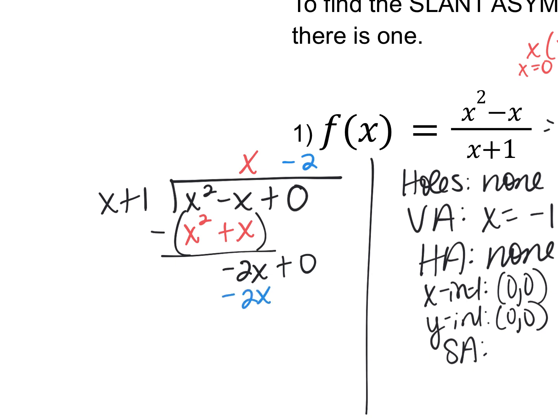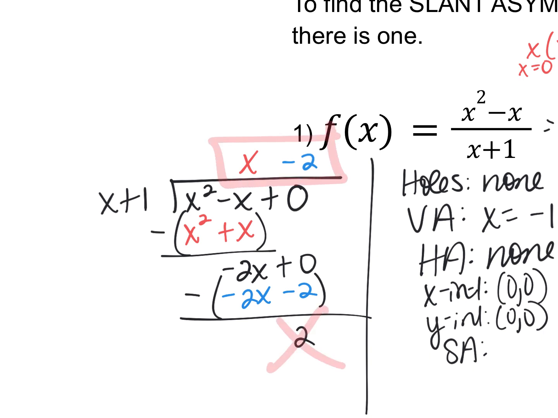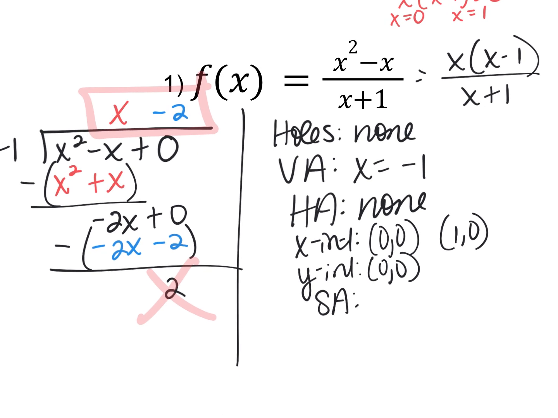Negative 2x minus 2. Go ahead and subtract it. So that would end up being positive 2. So that's your remainder. But, like I said earlier, the remainder doesn't matter. It doesn't affect things. This is your equation of your slant asymptote. And if you notice, it's an equation of the line, which is what we need. So your slant asymptote is going to be, you must say, y equals x minus 2.